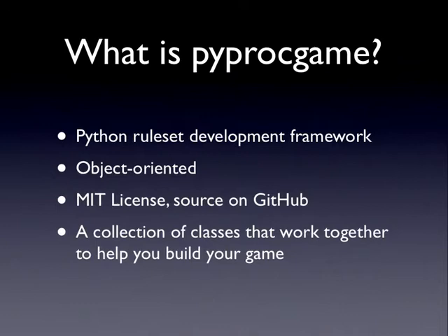More than anything, it's a collection of classes that are built to work together to make it easier for you to write pinball software. We wrote this as part of developing the Judge Dredd code. We're not going to pat ourselves on the back too much, but we think there are some good decisions in there which make it fun and relatively easy to write pinball software.